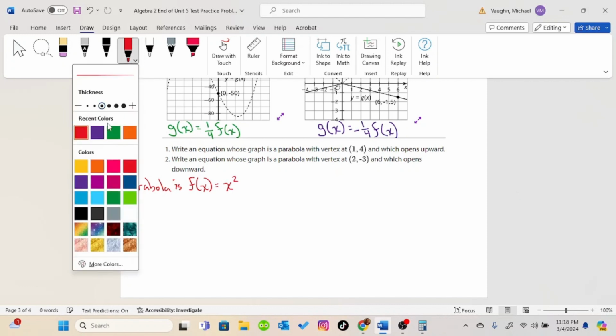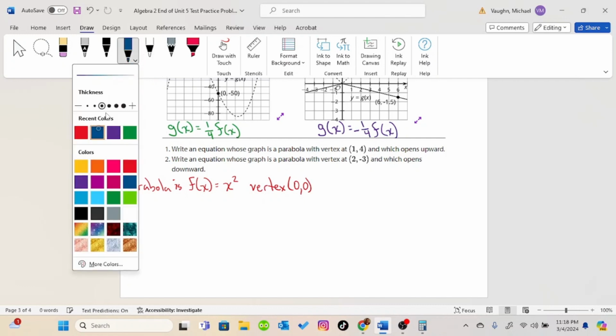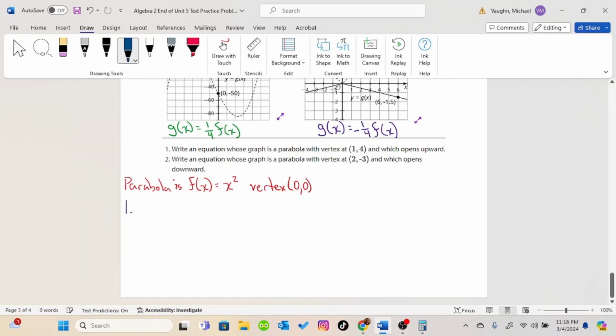So for number 1, we now know that that parabola, instead of having the vertex at 0, 0, is now at 1, 4. So this is a shift right 1, up 4.